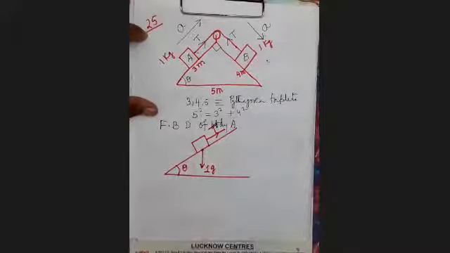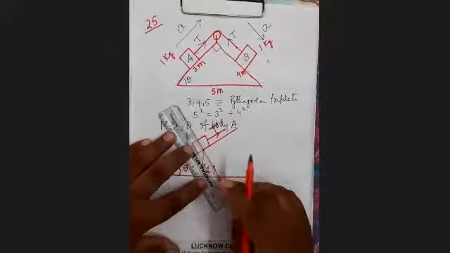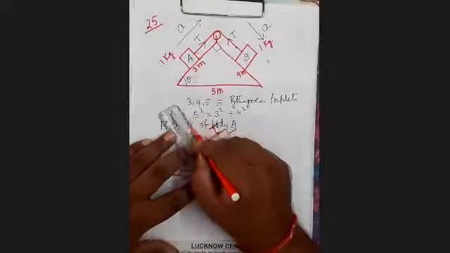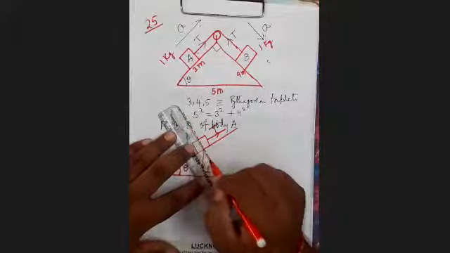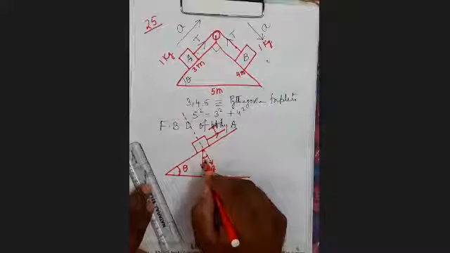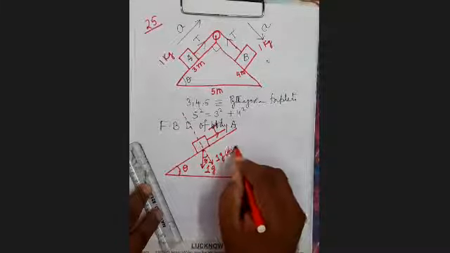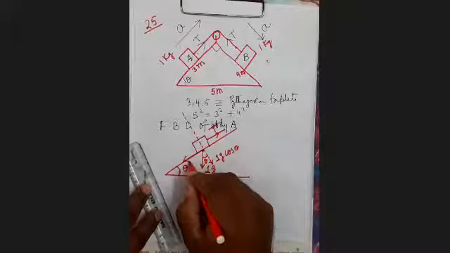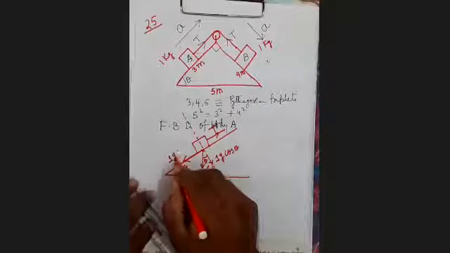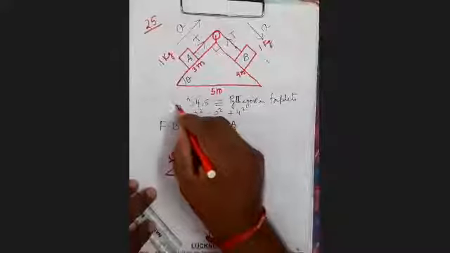So we can once again resolve the forces. This is theta, therefore this will also be theta. So it will be 1g cos theta, and this is 1g sin theta. And this is the normal reaction.